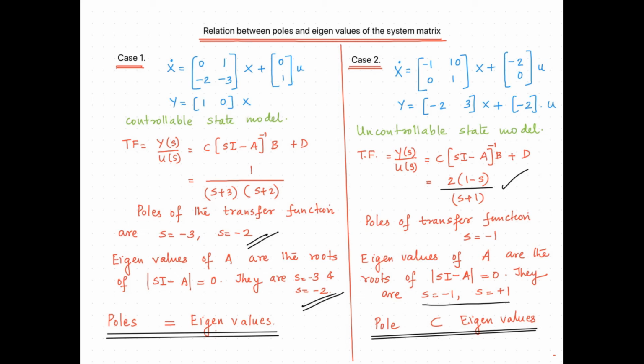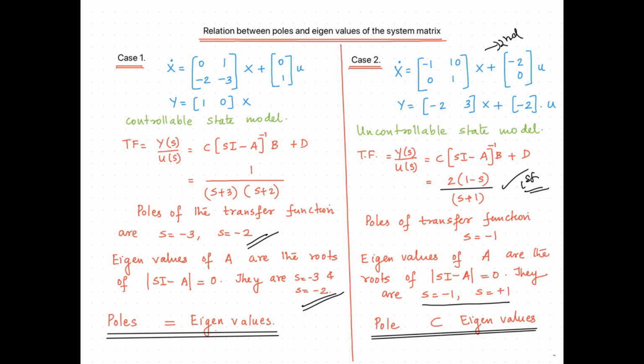This shows that poles and eigenvalues are not equal, but the pole is a subset of the eigenvalues, just because it is an uncontrollable state model. If you look at the state model, we can see it is a second order one, whereas the transfer function is a first order one. This is because there is a pole zero cancellation.